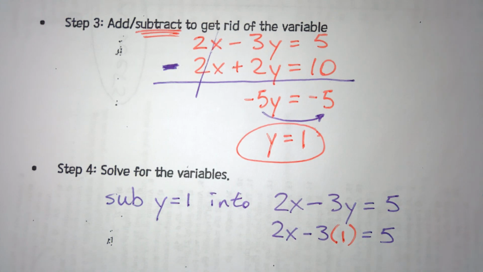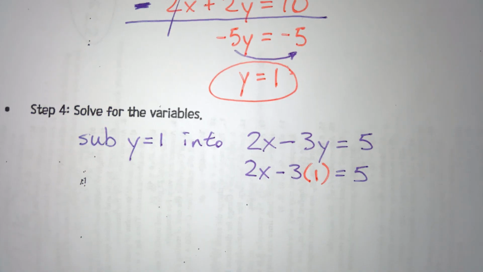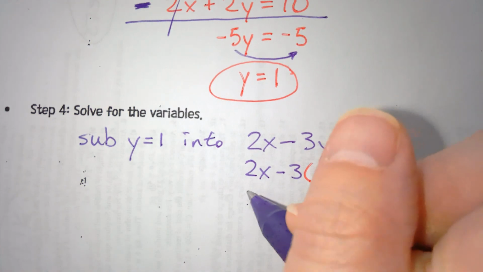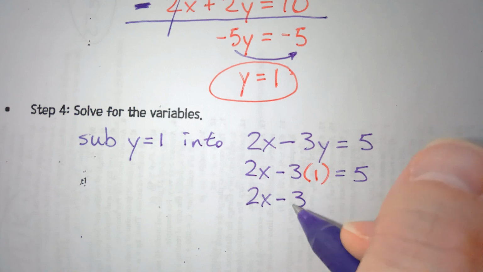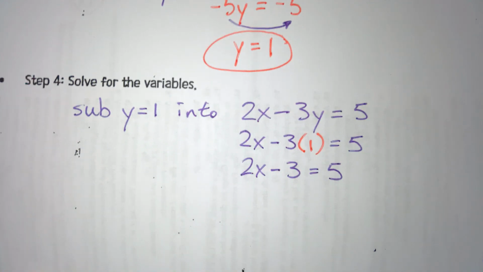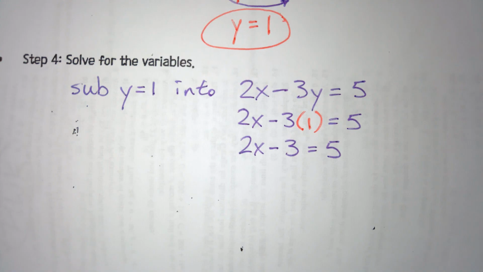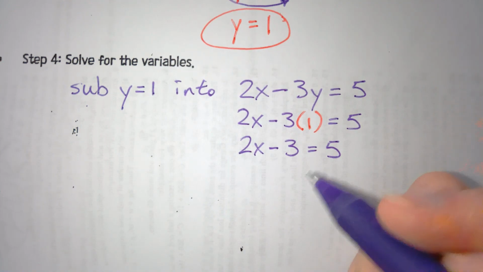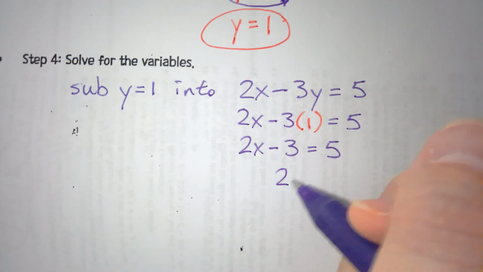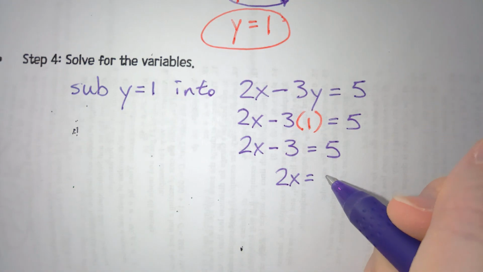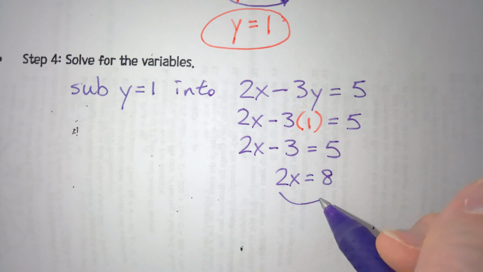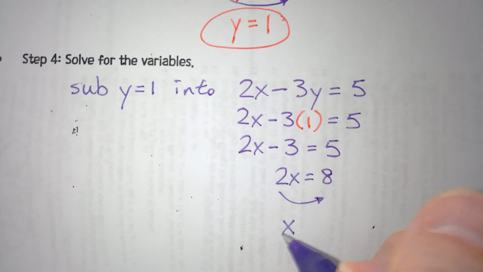So 2x minus 3 times 1, which is 3. How do I solve for x now? Right, so it becomes 2x equals 5 plus 3, which is 8. And then last step, divide by 2. x equals 4.